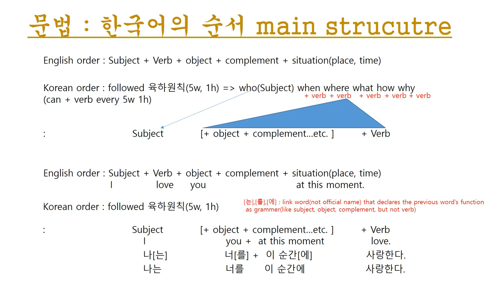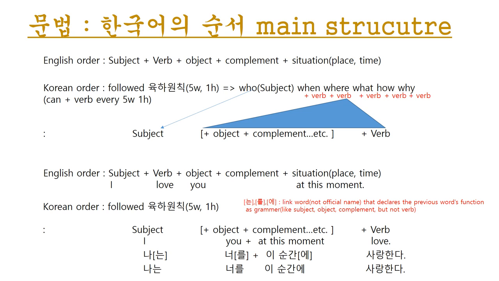Let's think about English sentence. For example, I love you at this moment. It can be a weird example, but the English order is subject I plus verb love plus object you plus there's no complement plus situation, at this moment.